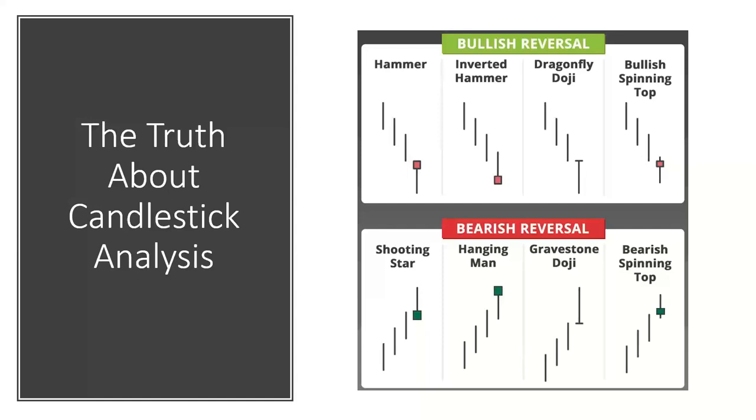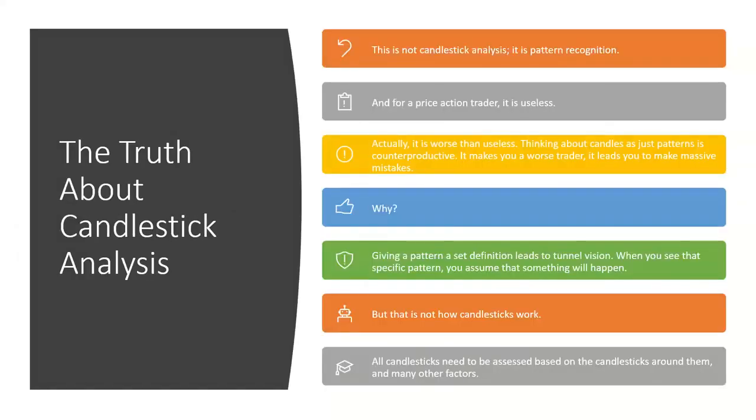It's just a PDF. And then you can download it to whatever device you're using and then move it around later because it's only available in this live class. And you'll learn about the hammer and the inverted hammer and the doji and the spinning top and the shooting star and the hanging man, the gravestone doji, the bearish spinning top. Wow, that's a lot of names, a lot of things to memorize and be able to notice.